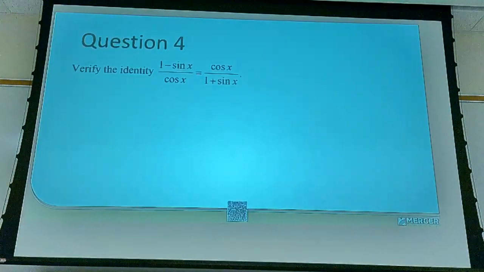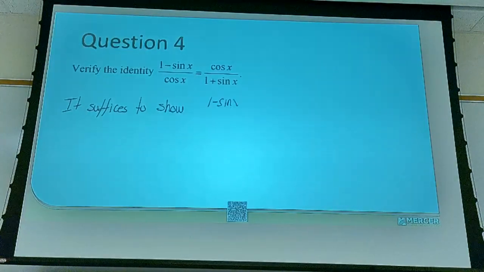Another technique that is not often used is to show that the difference of both sides is 0.